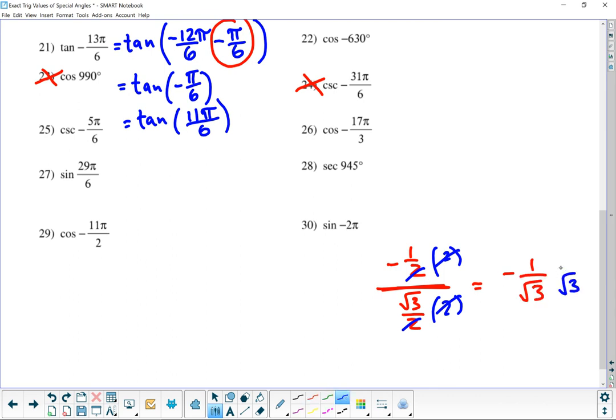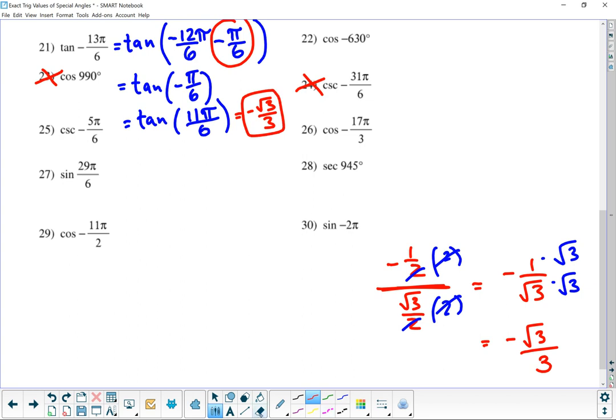So radical 3 on the bottom and radical 3 on top. And we get negative 1 radical 3 over radical 9, which is just going to be 3. So the answer on number 21 is equal to negative radical 3 over 3. Okay, that's number 21.